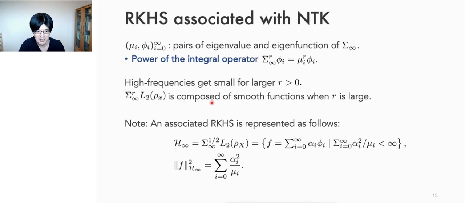And then the RKHS of NTK is represented as the image of the square root of Sigma infinity, like this. Moreover, from this equation, the faster decay of eigenvalues means a smaller RKHS, because this condition is getting stronger.